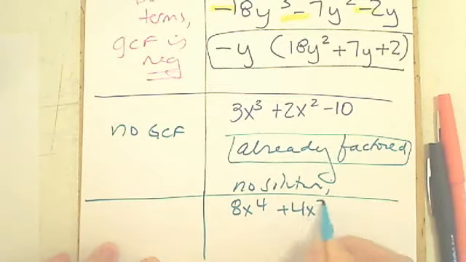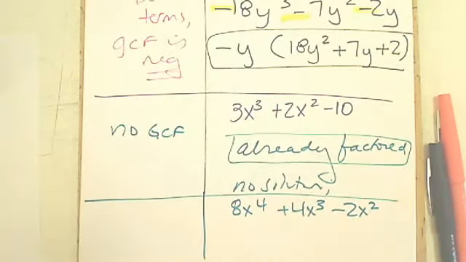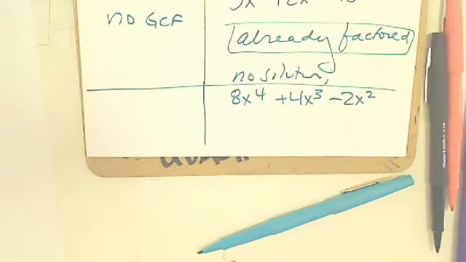8x^4 plus 4x^3 minus 2x^2. I want to make sure that we know how to factor this already. Is there a GCF?